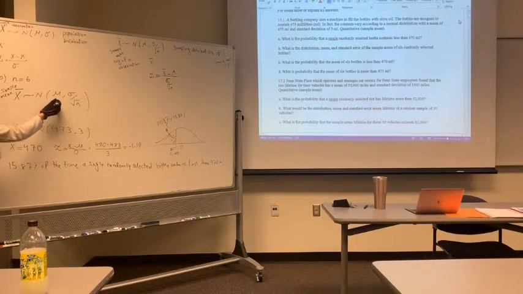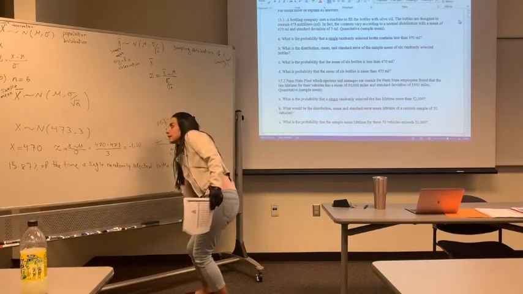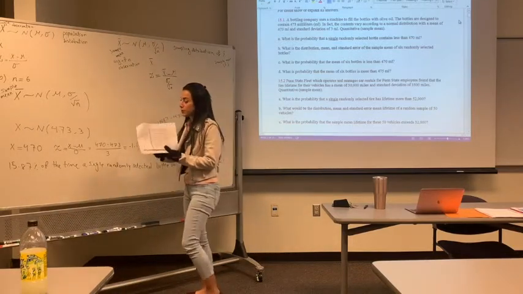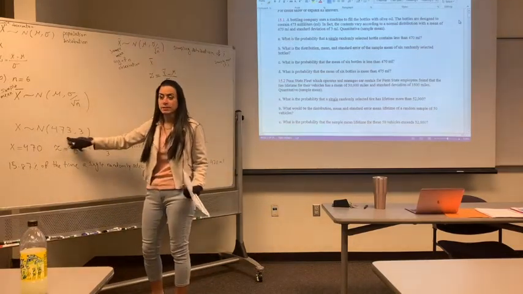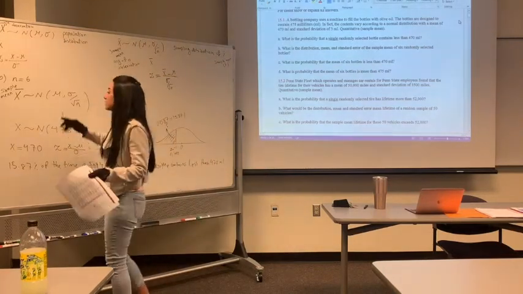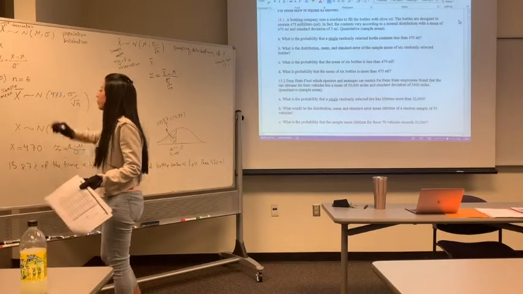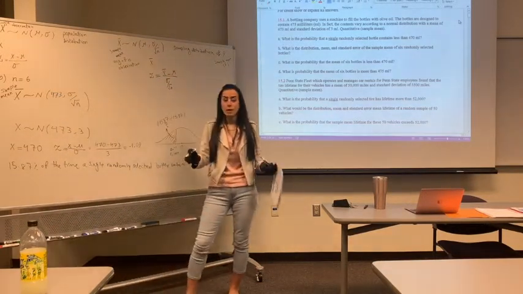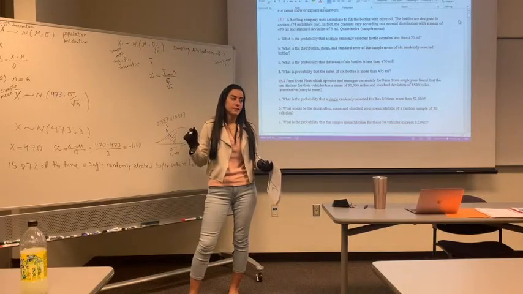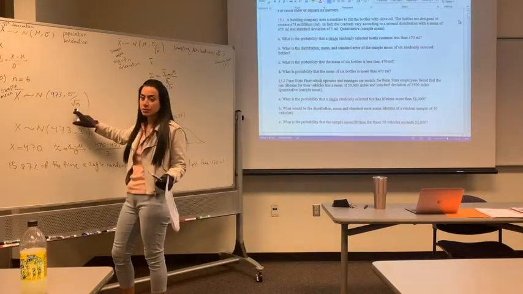The mean of the sample mean will not change, and it is exactly the same as the mean of the population, 473, correct? So the mean of the sample mean is 473. The standard deviation of the sample mean changes to sigma over square root of n.